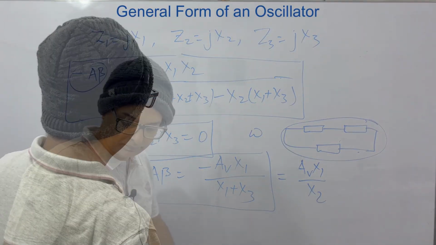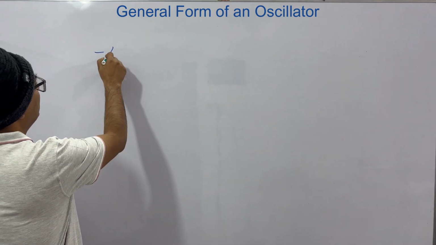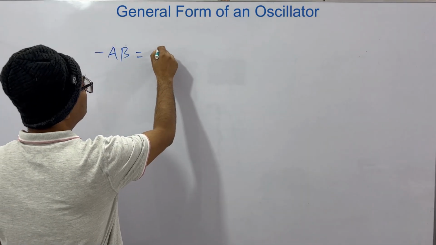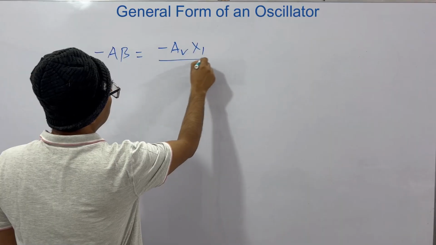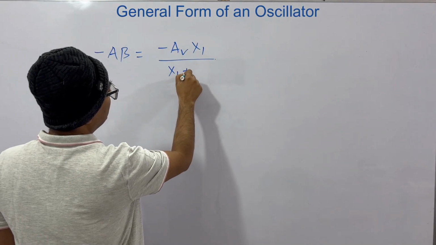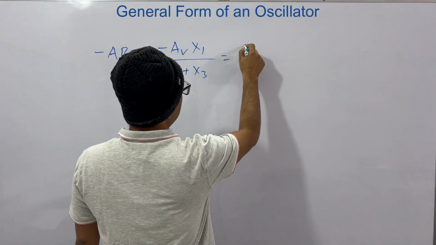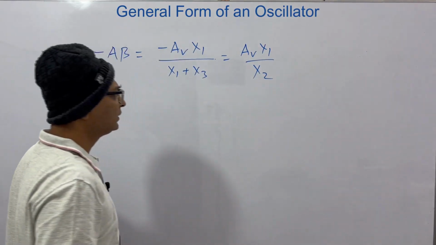Okay. We have a very interesting result from this. See what I have written there on the last page. A beta is AV, then X1 by X1 plus X3, or X1 plus X3 is minus X2. So this is AV X1 by X2. Okay. This is the expression.